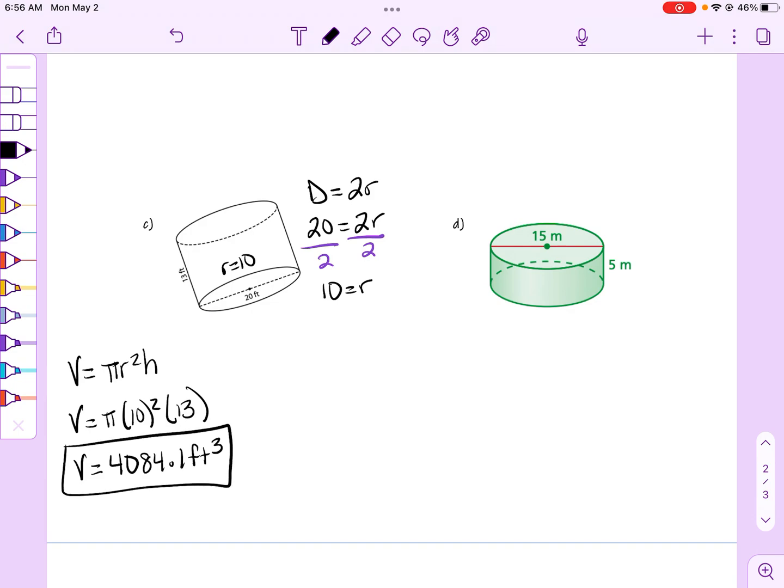And then again, for D, I want you to try it by yourself and then check. Just remember that this is a diameter, so you have to list that first.